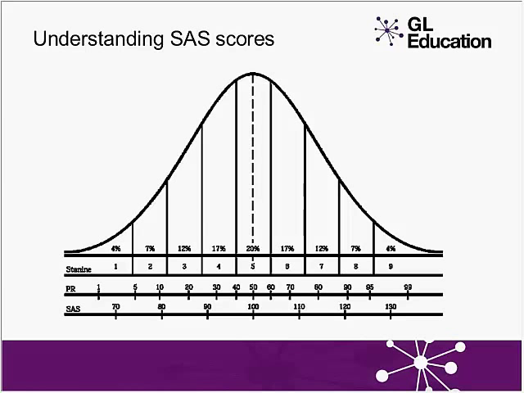We also use and provide you with stanine scores. And stanines, with the word nine in it, is an indication. It's chopping up or clumping together standard age scores into nine different sections.